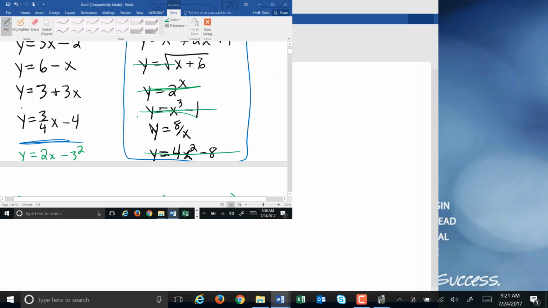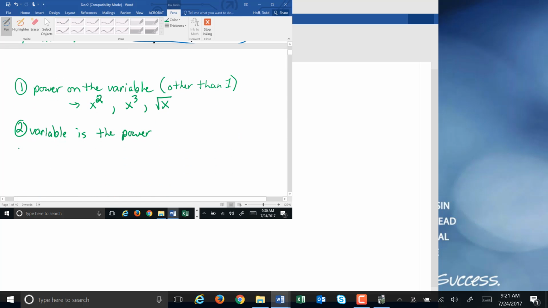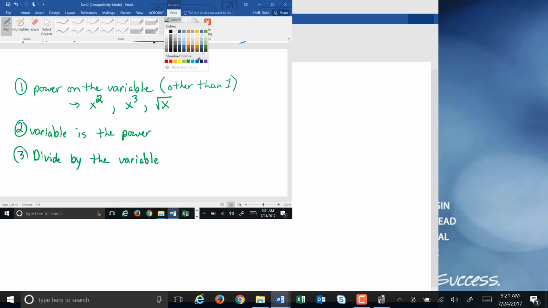So there's still this one. What's going on there? Dividing by the variable. Very good. So we can't divide by the variable.